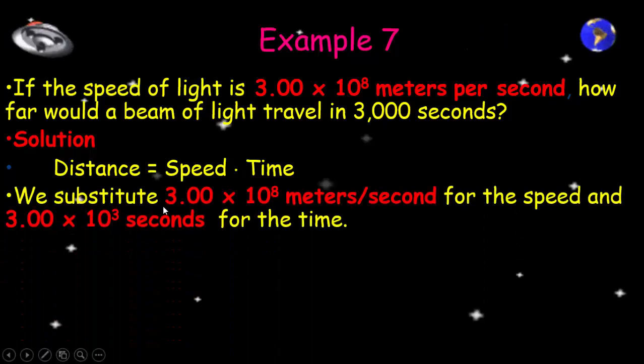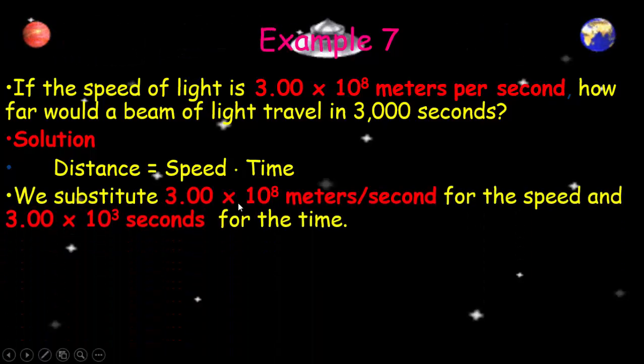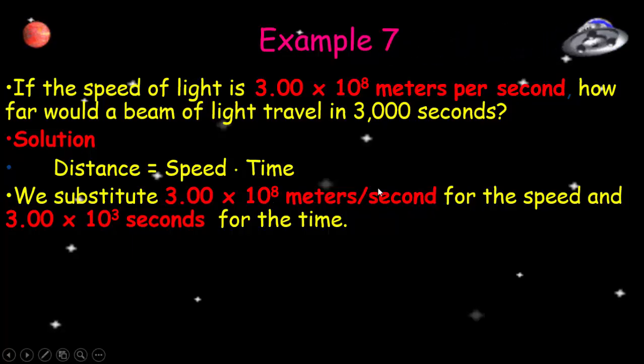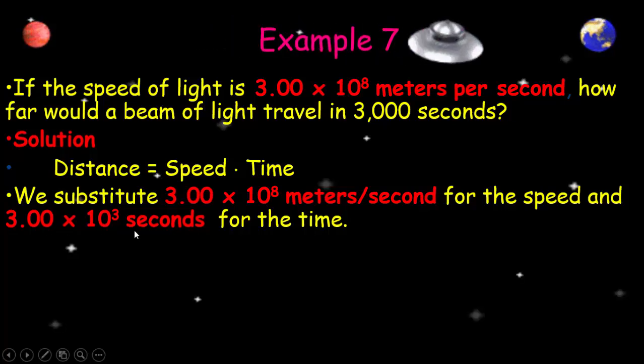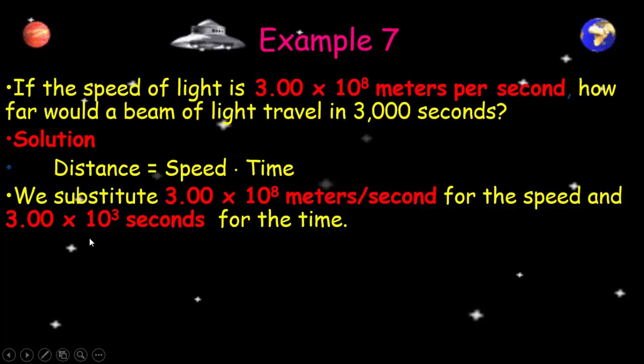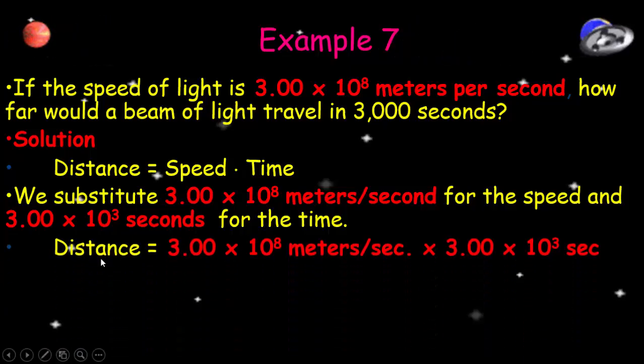We substitute in 3.00 times 10 to the 8th meters per second for our speed, and 3.00 times 10 to the 3rd seconds for our time, since 3,000 seconds is 3.00 times 10 to the 3rd seconds in scientific notation. So now we have distance is equal to 3.00 times 10 to the 8th power meters per second times 3.00 times 10 to the 3rd seconds.